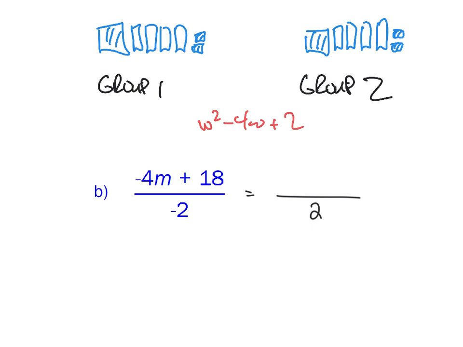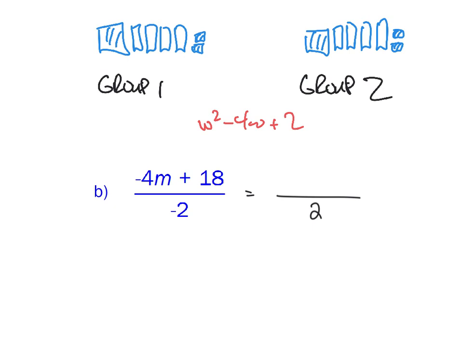Okay, so we're going to change the bottom number to positive 2. And the thing is that we just can't change something, Drayden, without changing something else, Janae.